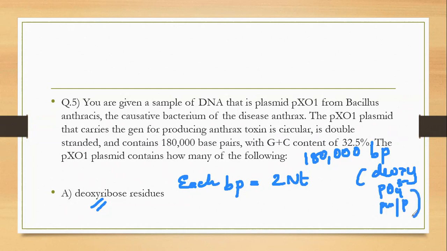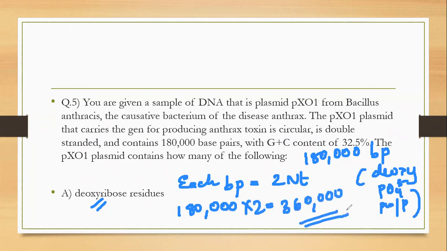So in each base pair, two nucleotides are there, so it means two deoxyribose. So in total 180,000 base pairs, how many deoxyribose? The double of it. So the answer becomes 180,000 into 2. So that is around 360,000 deoxyribose residues. So this was quite direct and simple.